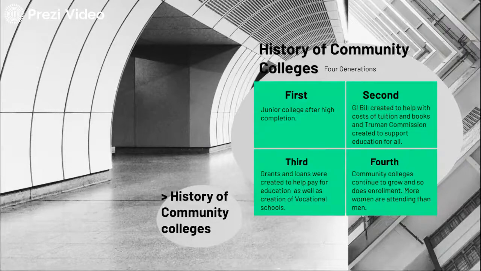And in the third generation, we get a little more federal support through grants and loans to pay for higher education. And then we also see some vocational schools being created, and also during the third generation, we see an increase in women enrollment during that time, more than men.